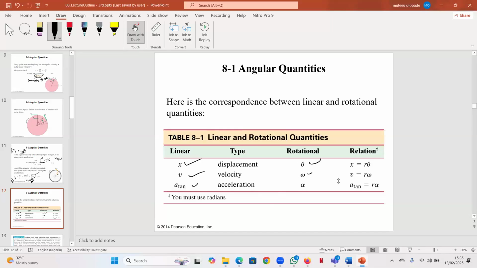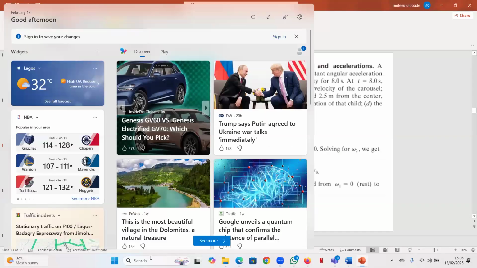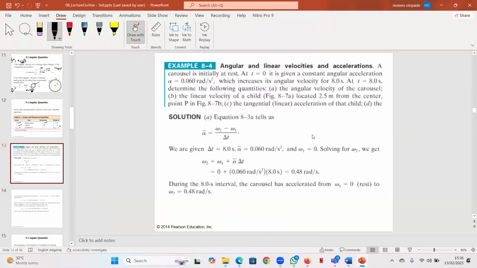Rα. That is what you have for the tangential component. So is it clear? Yes, sir, it is clear.